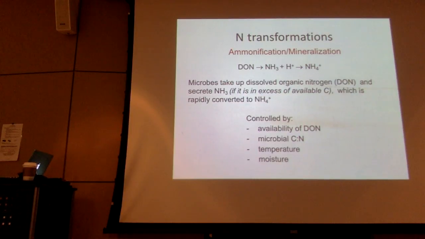How do you suppose an increase in CO2 in the atmosphere would impact nitrogen fixation? Caitlin, what do you think?